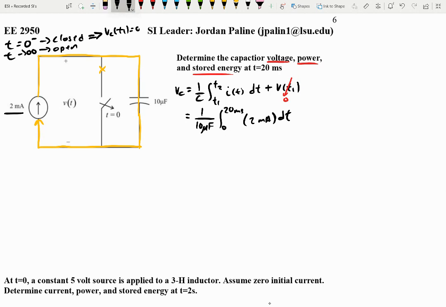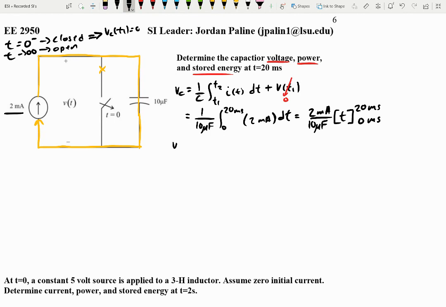If we pull all of this out, we'll get 2 milliamps over 10 microfarads. Then we'll integrate and we'll get T. We'll go from 20 milliseconds, starting initially from 0 milliseconds.